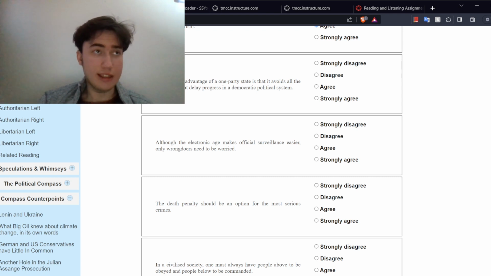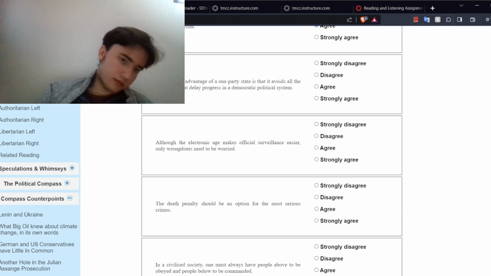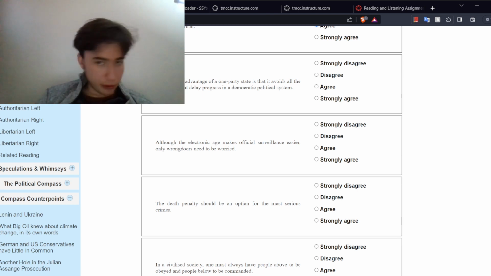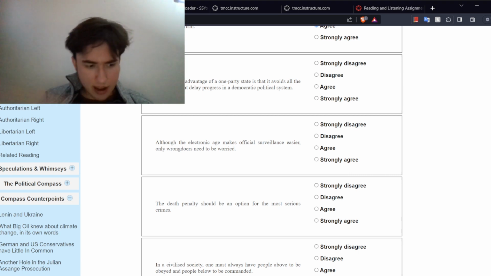One of Evola's criticisms of fascism is that he thought they should get rid of parties altogether and create the impression that this is the true, legitimate state that is not a matter of party. It's not a matter of aligning with the interests of any one particular group. It's a matter of uniting the interests of the entire country. But I would agree that this is an advantage of a one-party state, for sure.